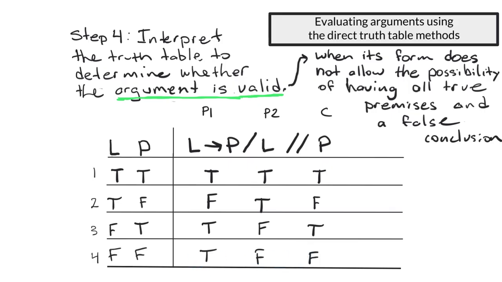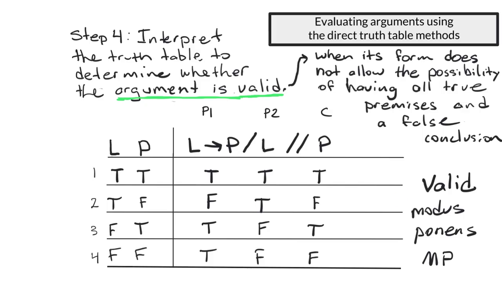So this is a classic example of a valid argument. And the form is so common, and the form is valid for all arguments of this form. It's called a modus ponens, abbreviated MP.